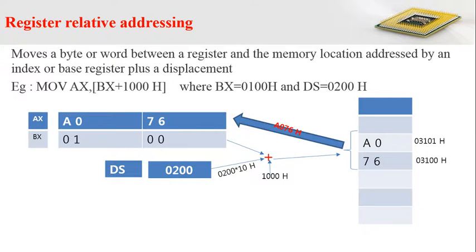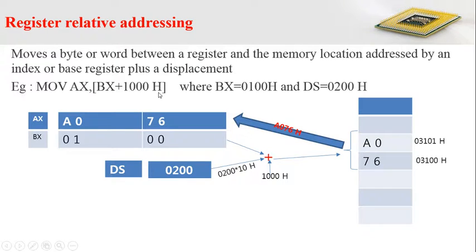Next is register relative addressing. That means the offset value or the displacement value is represented in the instruction as a relative value with respect to some register, a base register. Okay, so consider this one example, MOV AX comma content of BX plus 100H.